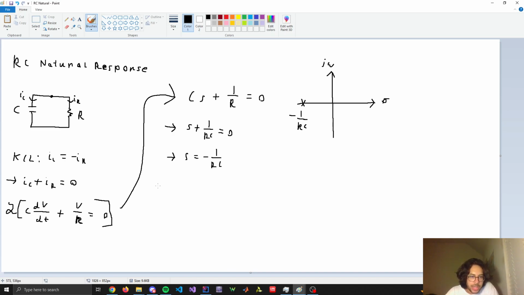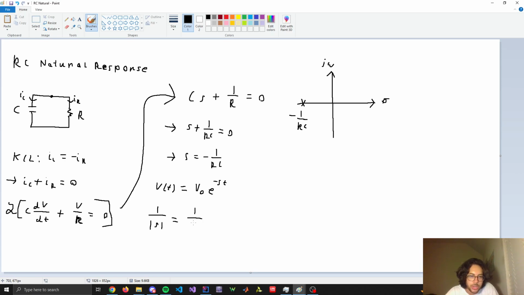So given that, the solution is also given by the constant k, which we saw for v0, times e to the negative st. So remember, 1 over rc is equal to s, so that would go right here. And so from this s, you can find what is called the time constant, which is defined as 1 over the absolute value of s.